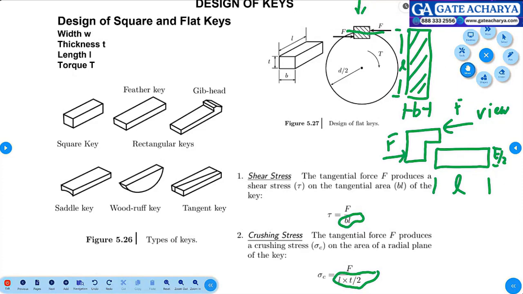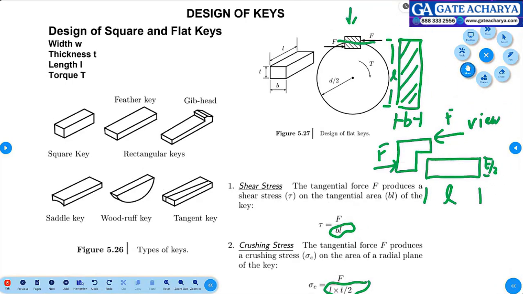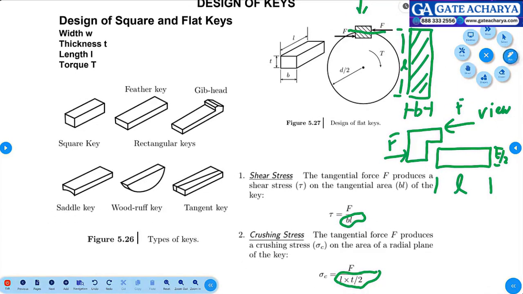Do you really understand? When you apply a load like this, half of the thickness will get crushed. That is the area that I have drawn here. So you're able to imagine the failure area of cross section.